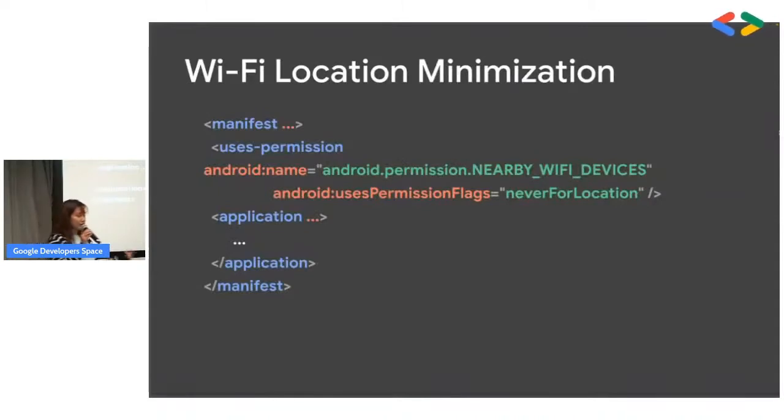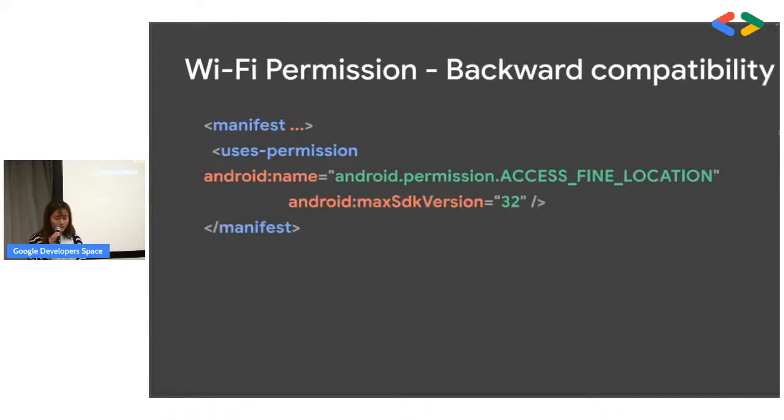When your app is targeting Android 13 and above, you need to be aware of this new permission. You need to add maxSdkVersion 32 for backward compatibility.